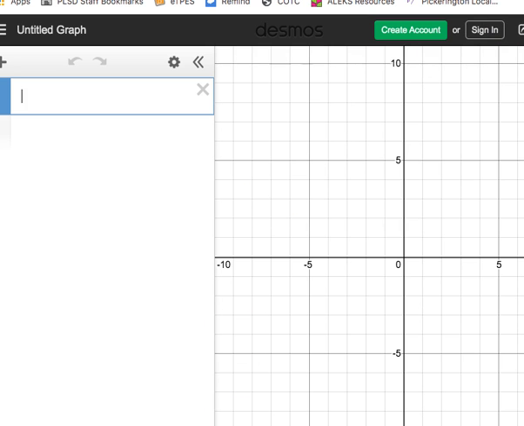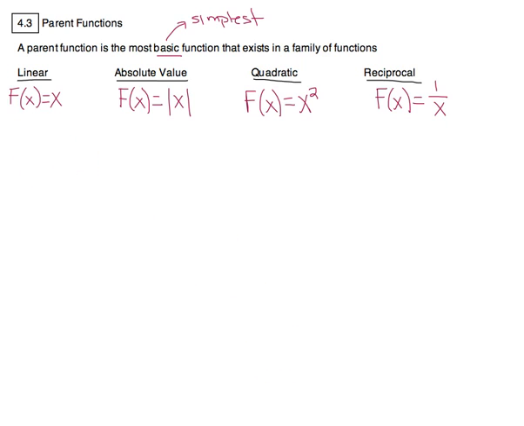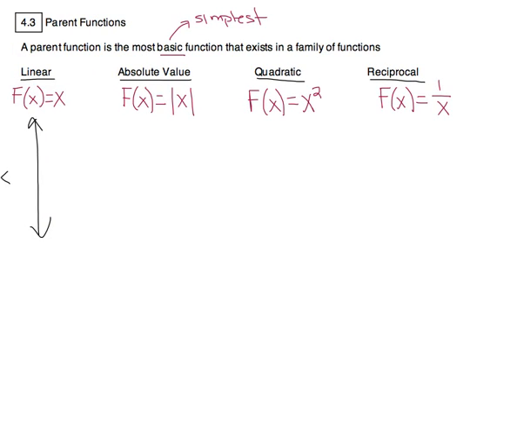So when we look at our linear parent function, if you're just jotting these down so that you have them, the linear parent function, because it's f of x equals x, it's going to start at 0, 0, because that's its y-intercept, and then it's going to go up 1, right 1, up 1, right 1, or down 1, left 1, down 1, left 1.